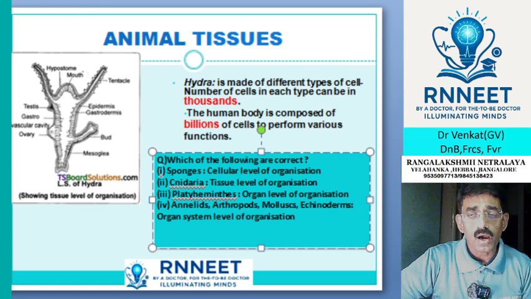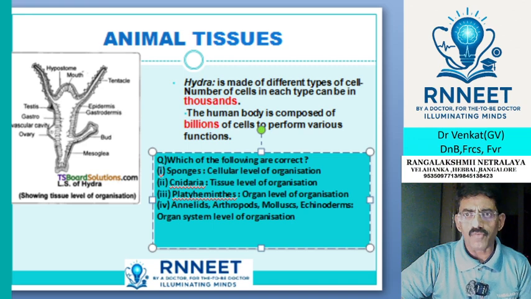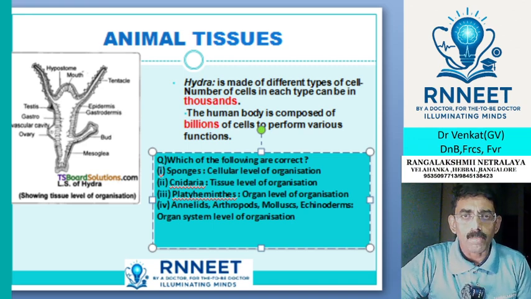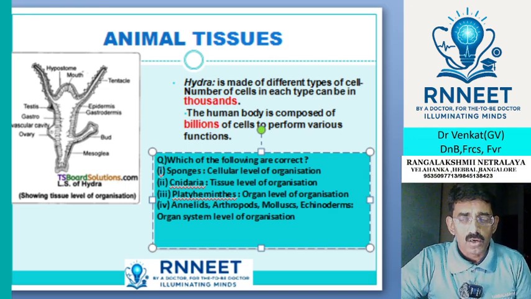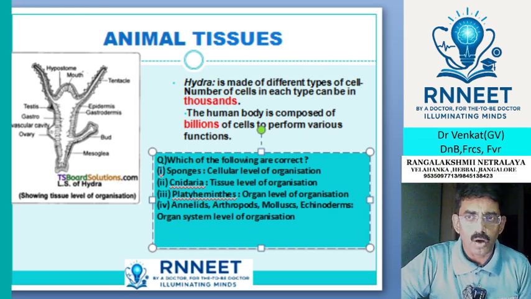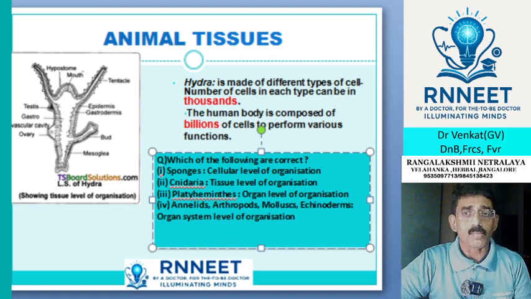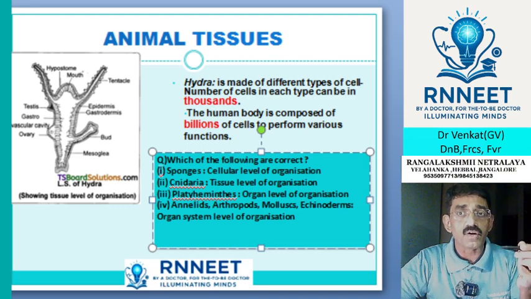Is hydra having a number of cells, number of tissues, number of organs, what kind of level of organization is it? It is one kind of animal which has a tissue level of organization. Very important to remember this, because it has not just a number of cells. These cells are all arranged in different tissues.